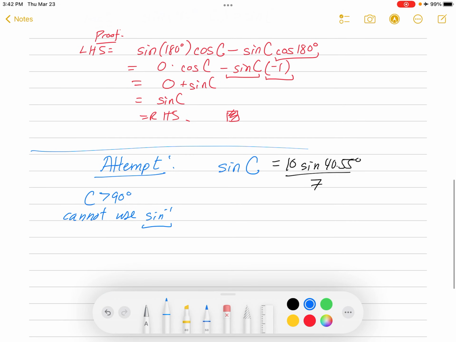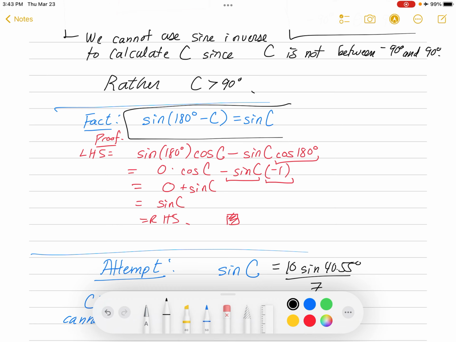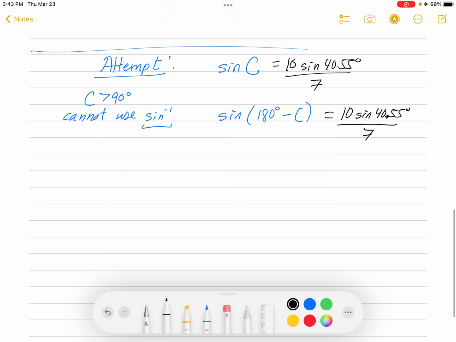So what I'm going to do is replace sine of C with sine of 180 minus C. Why can I do that? Well, because they're equal. I get sine of 180 minus C is 10 times the sine of 40.55 degrees over 7.